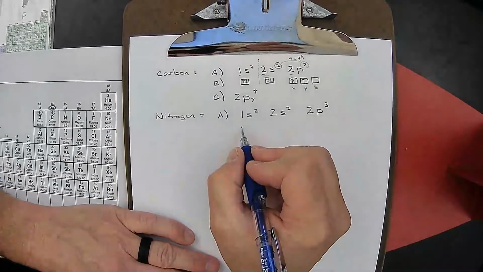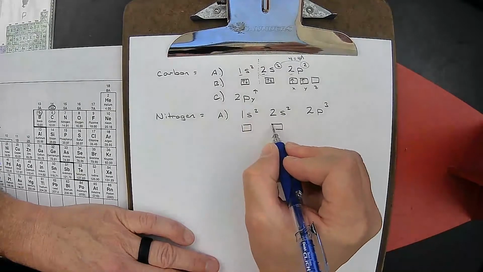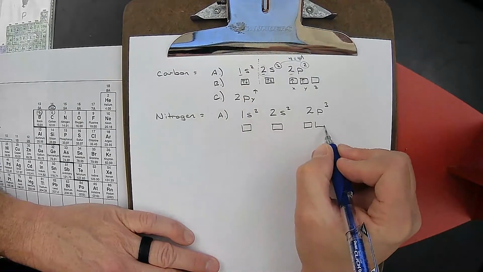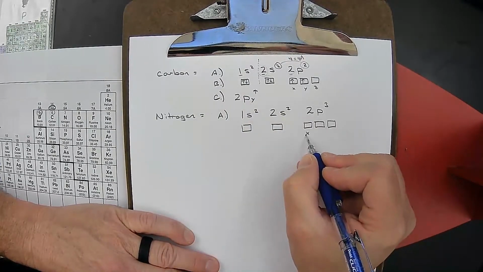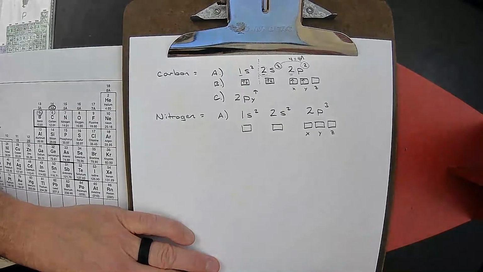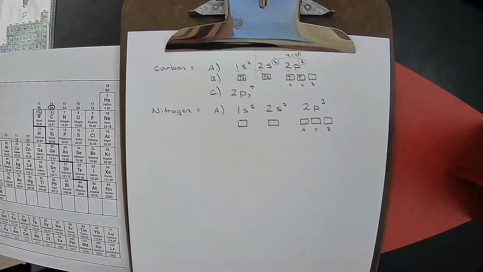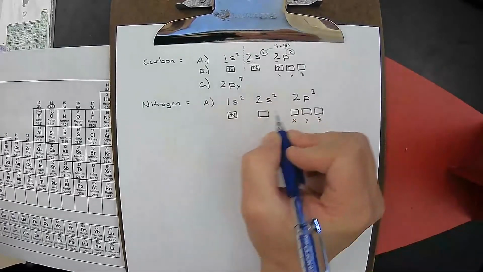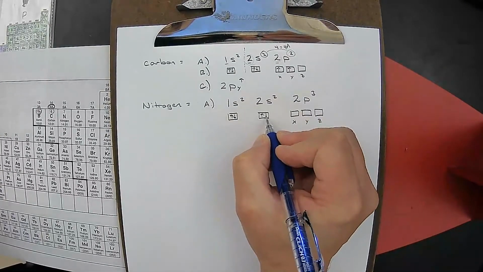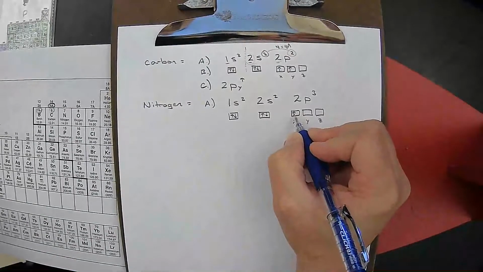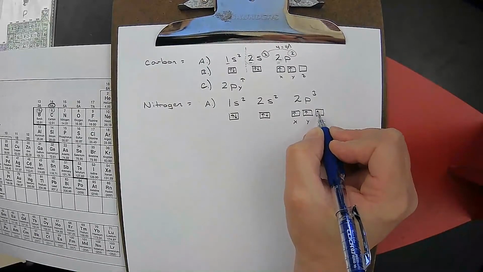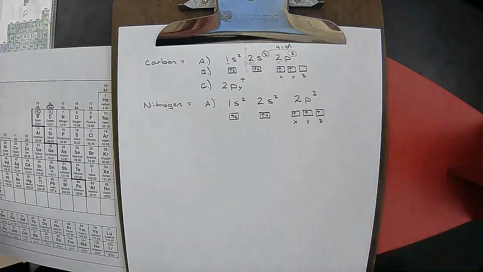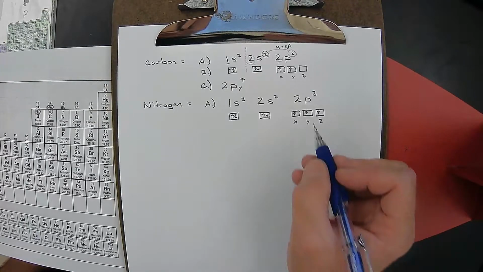The s has 1 orbital, and the p's have 3 orbitals, and we label those x, y, and z. So here we have 2 electrons, an up and a down, 2 electrons, an up and a down, and 3 electrons, but remember, each orbital must be half full before they are complete.